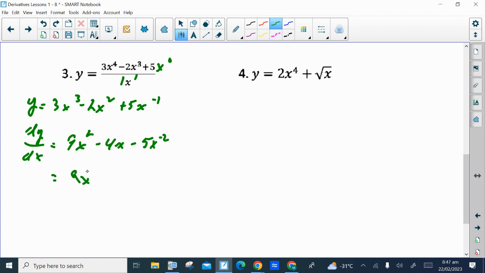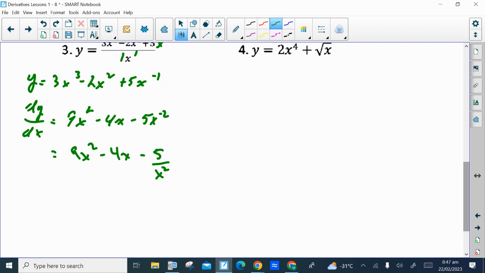So if you're checking answers in the back of the book, what they might do is make the exponent positive by moving the x to the negative 2 down to the bottom. And then what they also might do is get a common denominator, which would be x squared, so that you can write this all together as one rational expression.